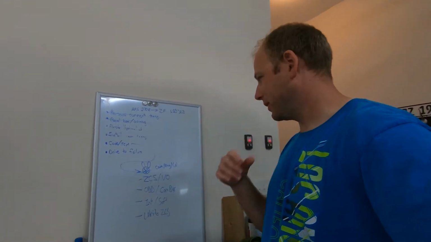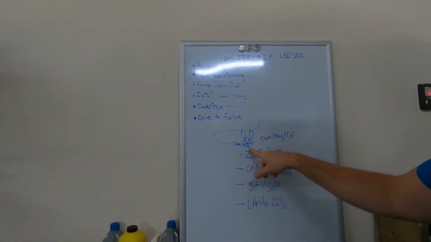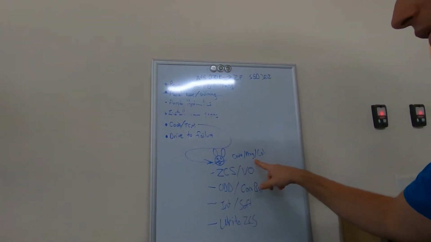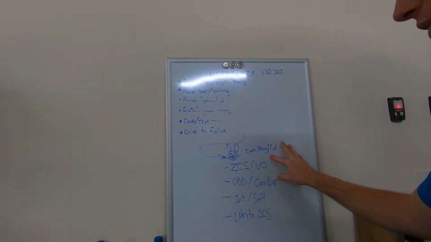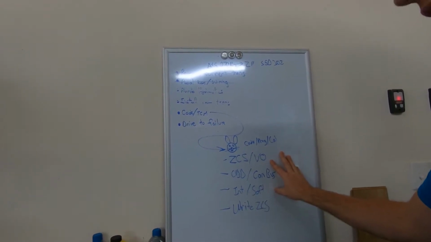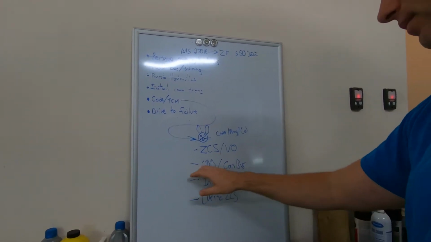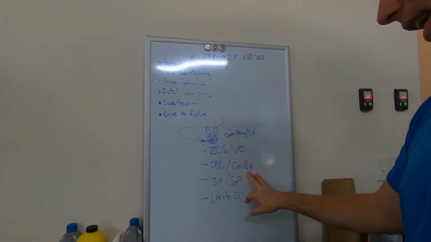So what I'm going to go through today, I went down the rabbit hole a little bit, followed the white rabbit into some coding, programming, and calibration stuff. So I'm going to go through the ZCS and the VO, and this will make a little more sense as we go further. OBD and CAN bus.